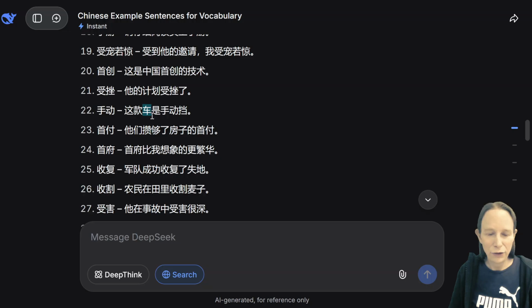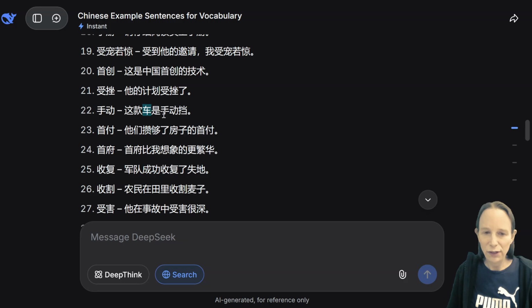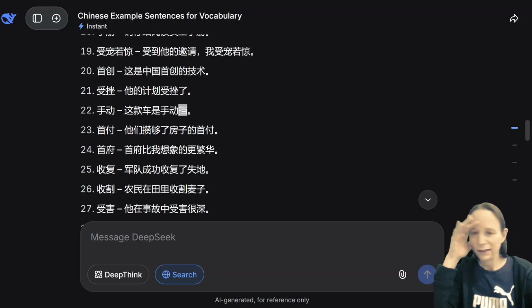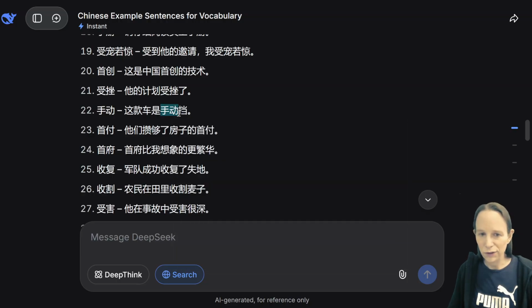All right, 手动. Presumably it just means hand motion, something like this. 这款车是手动挡. What? Okay, this model of car is 手动挡. Dang. Isn't this like obstructed or? Shou dong.